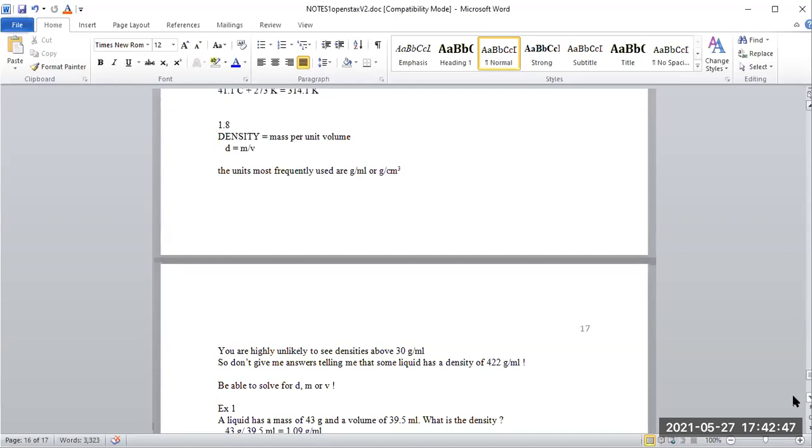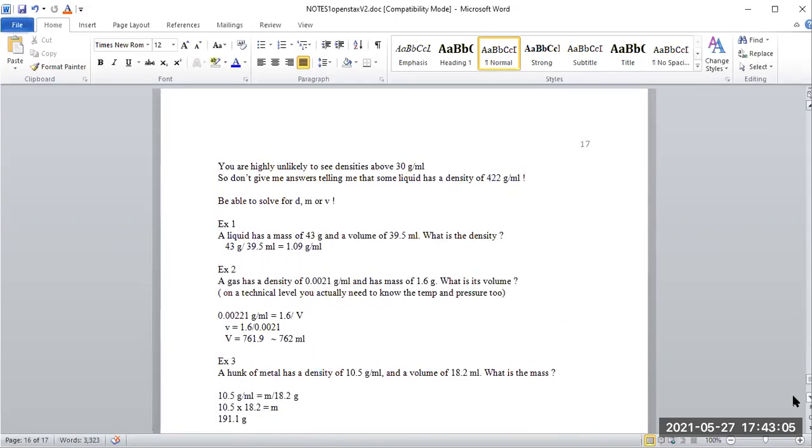You will often see textbooks stick to cubic centimeters if they're talking about solids, and then resort to grams per milliliter if they're talking about liquids, but actually it doesn't make a difference. The other thing you will notice as you look through examples and do lab, densities above 30 in the grams per milliliter unit are really, really unlikely.